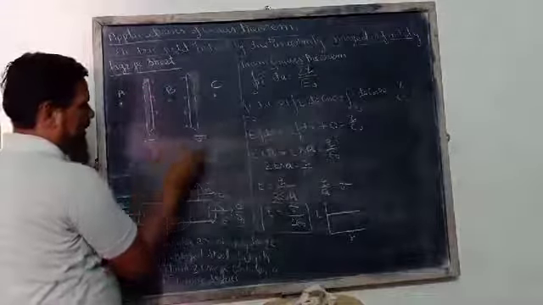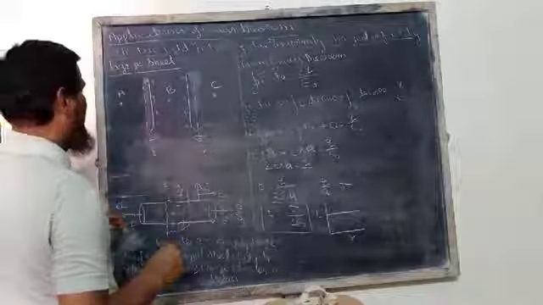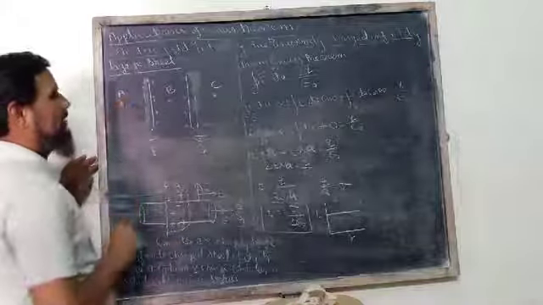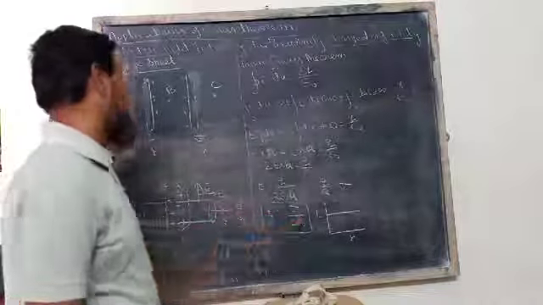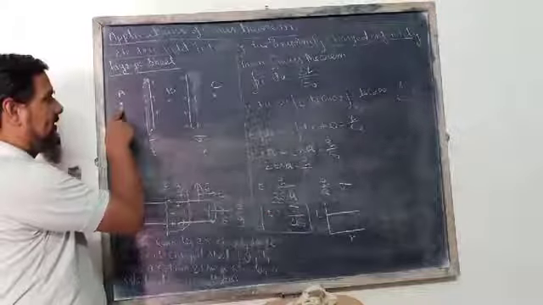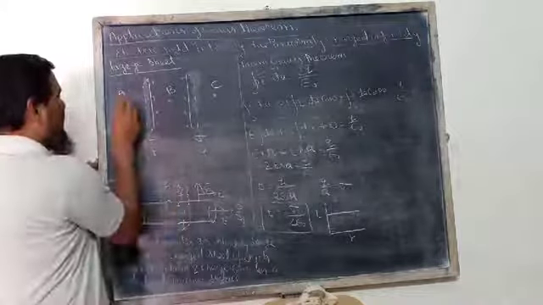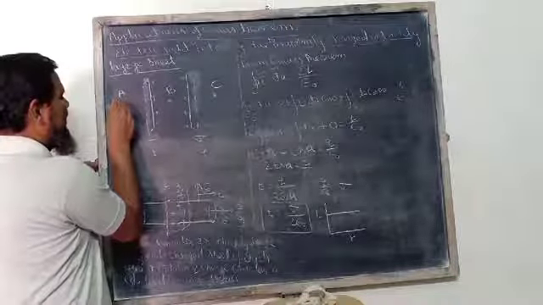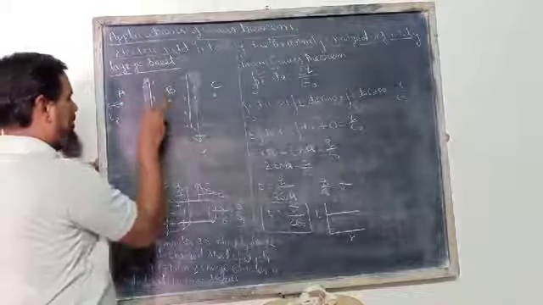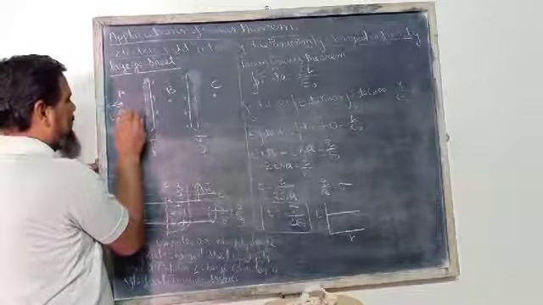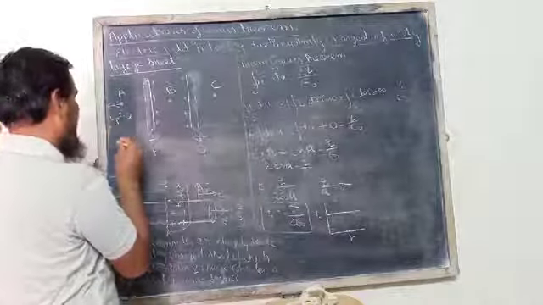This plate is P and this plate is Q. Now, because we know that the electric field intensity is independent of distance, the electric field intensity at this point due to this plate and this plate are both equal. The electric field intensity due to plate P and the electric field intensity due to plate Q are along the same direction, so they add up.